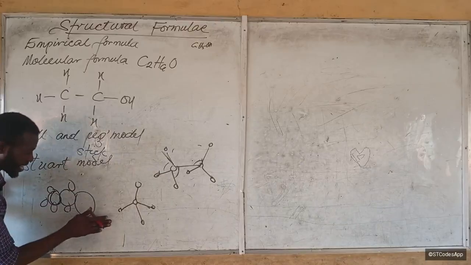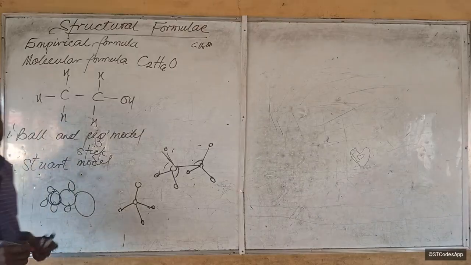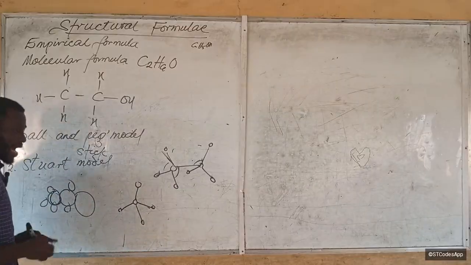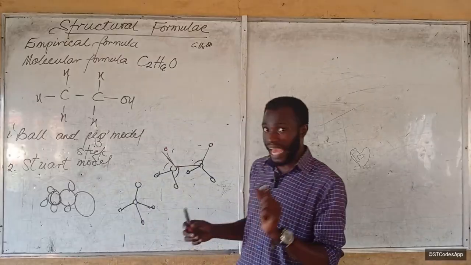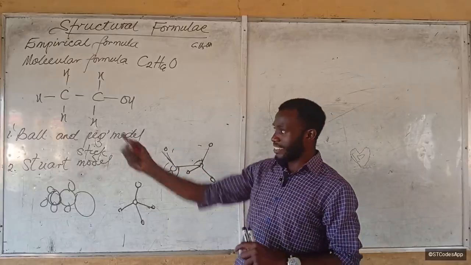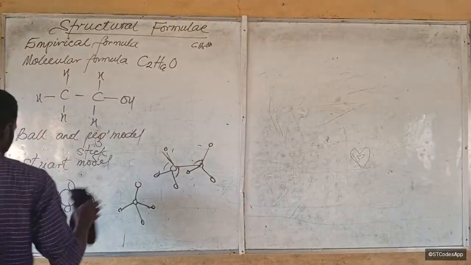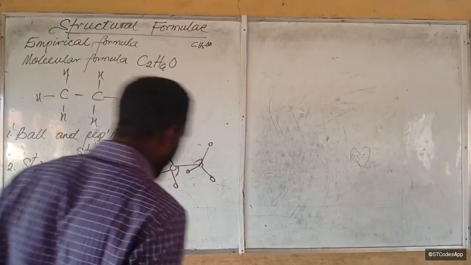Then this one that is away here is oxygen. It's going to have a greater atomic radius. All right, so what does this tell you? This shows you their atomic radii that are different, but you see it's harder to read in terms of spatial arrangement than the ball and peg model. Then the third model is the Dryden model.